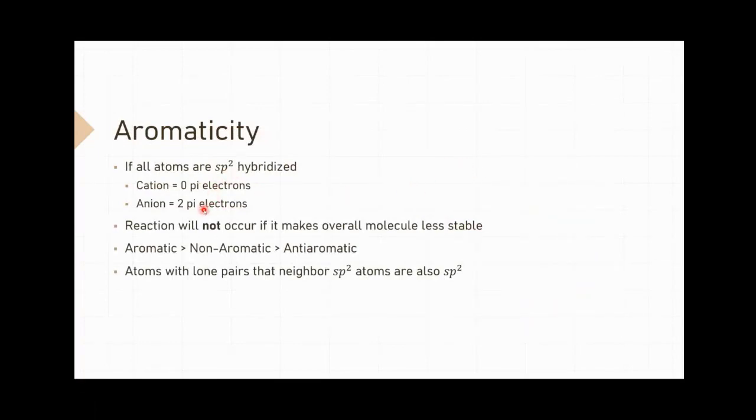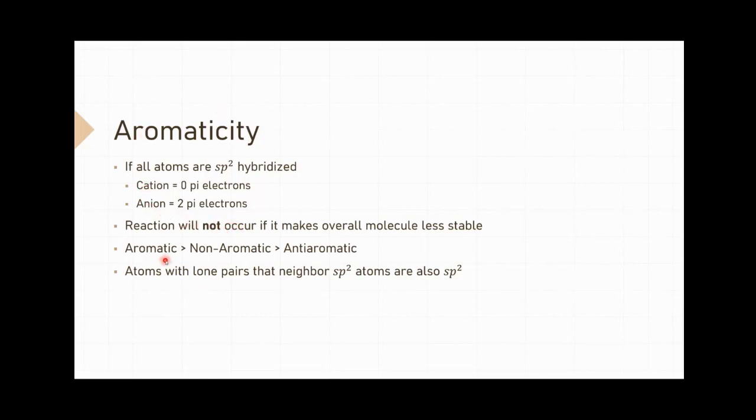All right. So what if you have anions and cations on the ring? If you have a cation, count it as 0 pi electrons. If you have an anion, count it as 2 pi electrons. If you were to react a ring in a way that makes it less stable, the reaction will likely not occur.